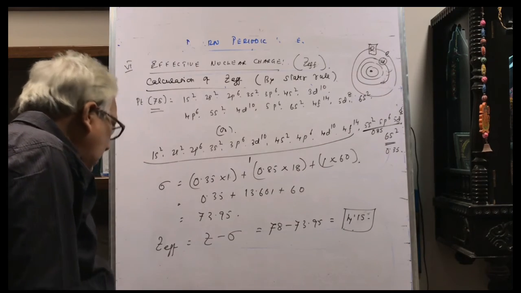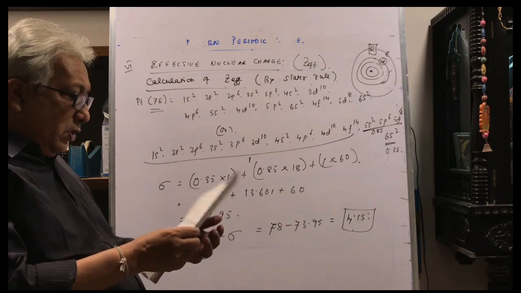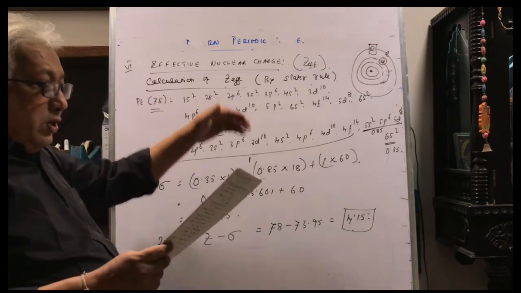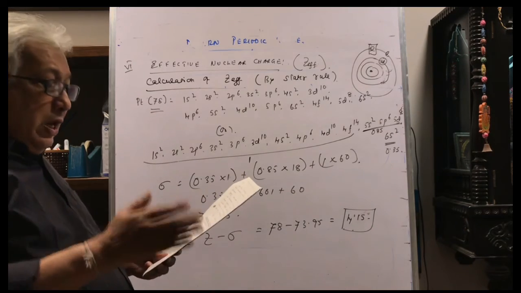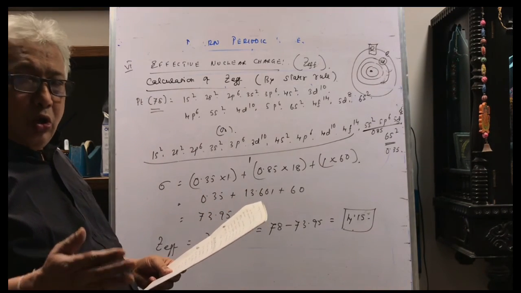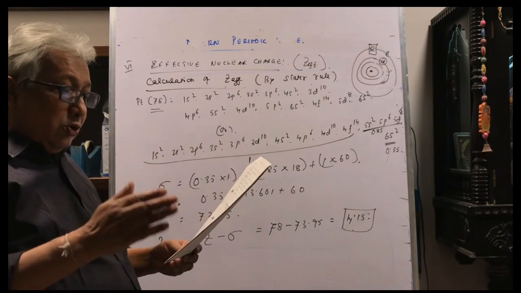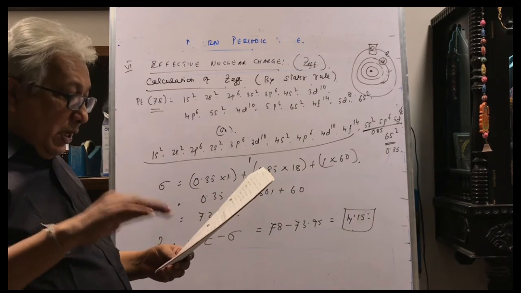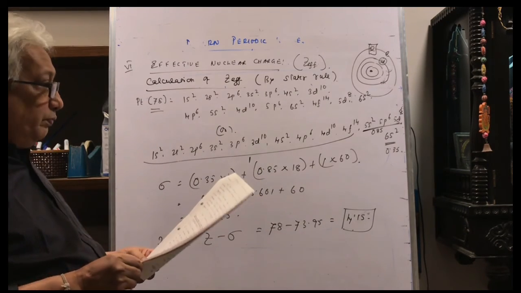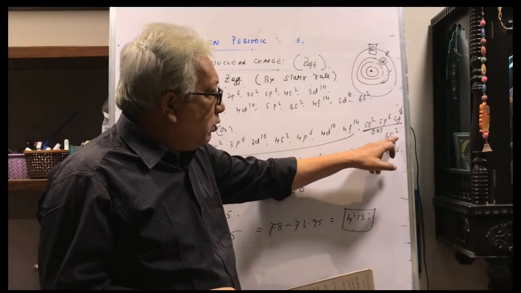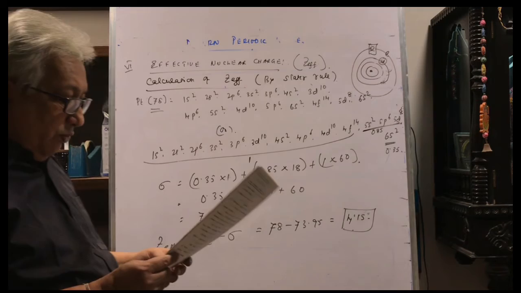Now quickly, I remind you of the method that we have followed, the Slater rule. First and foremost, write down the electronic configuration, 1s2, 2s2, etc. Any electron to the right of the considered electron is insignificant. All of the electrons in the same group as the electron of interest contribute 0.35.